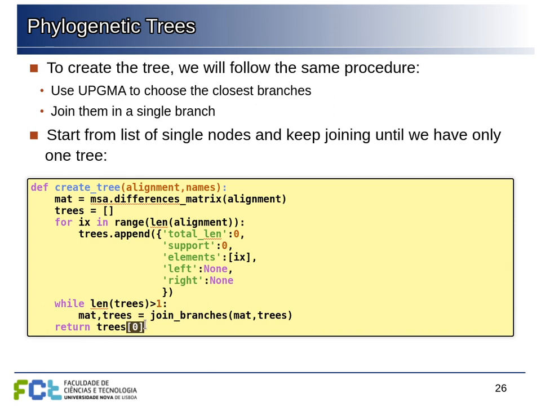So this 0 is because the trees variable is a list of trees, and at the end, when we only have one tree, tree 0 is the only tree left that we have. So what is a tree? A tree is at the head one dictionary that looks somewhat like this, but then each dictionary has a left and a right sub-branch that we can use to follow along the tree.